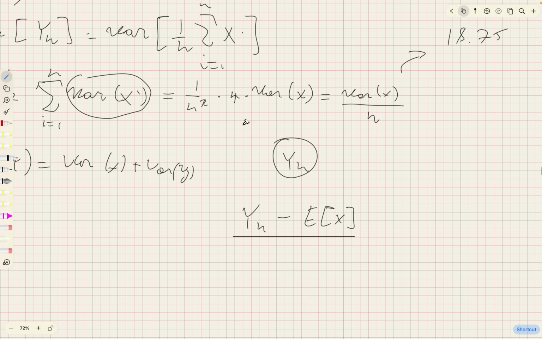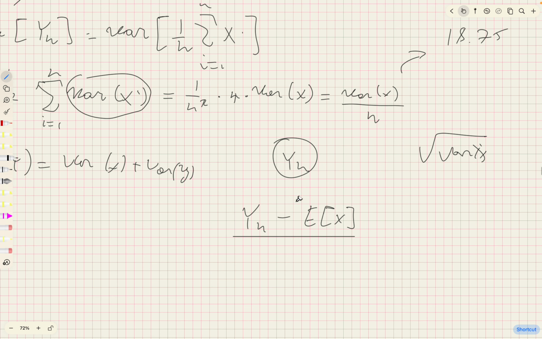Because when we standardize a distribution, first we subtract the expected value from each point, and then we divide each point by the standard deviation, and the standard deviation is basically the square root of this variance.